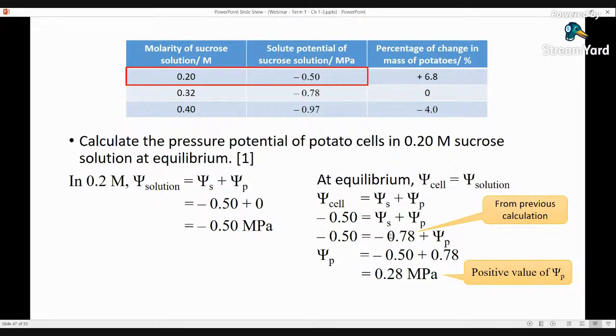The solute potential we get from the previous calculation. So the pressure potential, you get 0.28 megapascal. A positive value for the pressure potential.